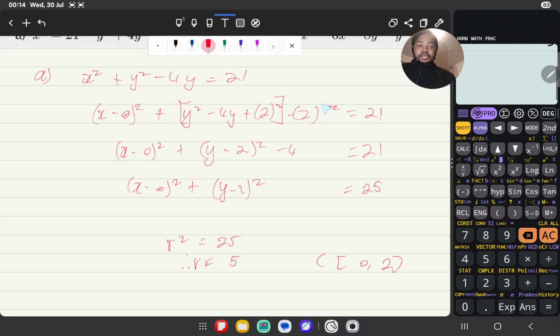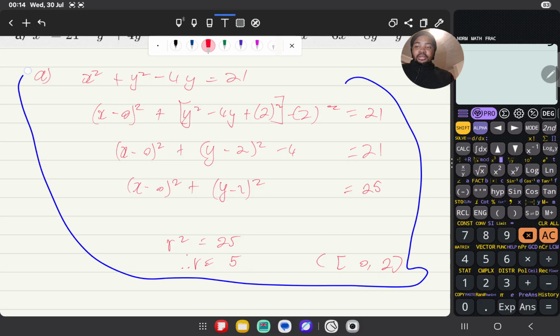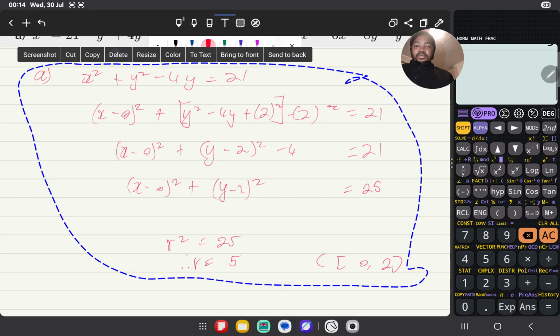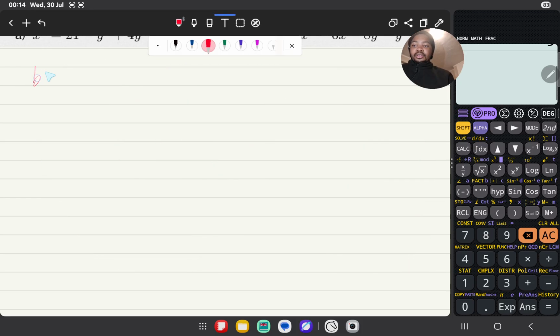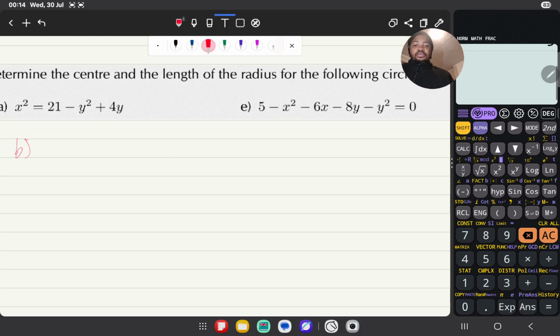Right, let's do the second one. So the second one, let's transpose everything apart from 5.